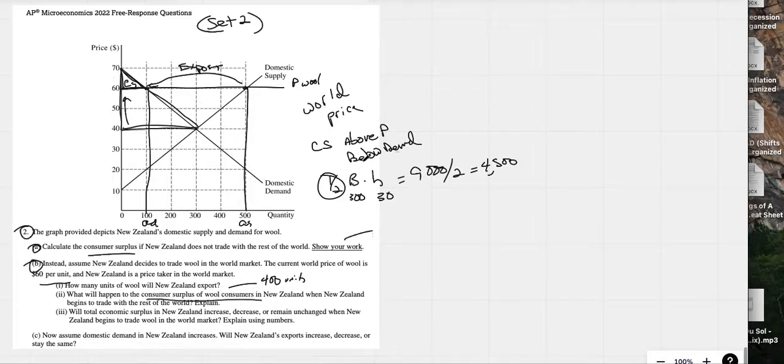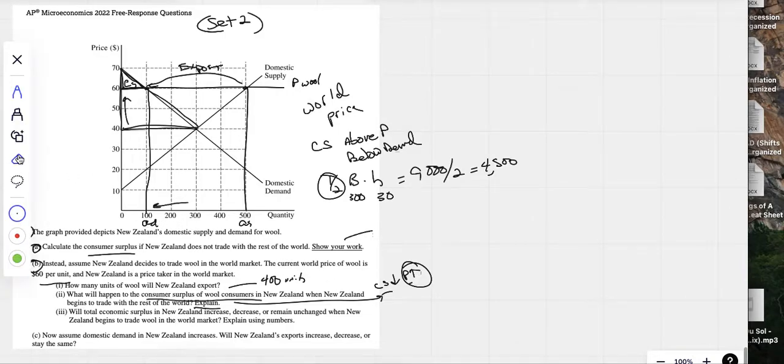So our consumer surplus has gotten smaller. Price goes up, consumer surplus has to go down. And I think that's exactly what we're looking for there. As the price goes up, the quantity demanded that our consumers actually want decreases to that 100 units right there.